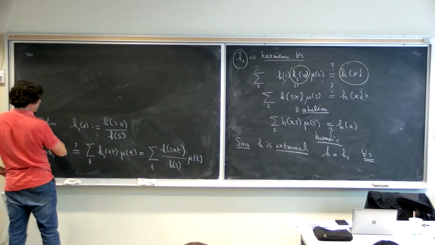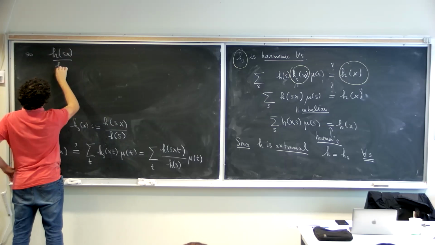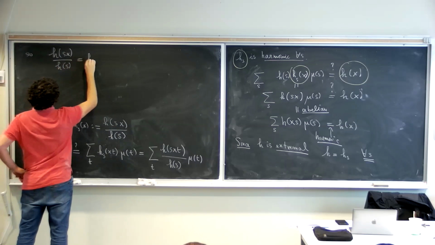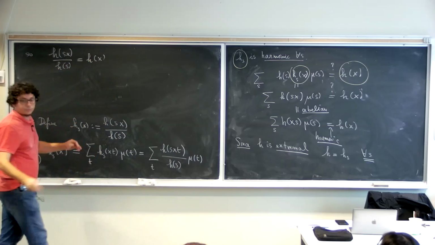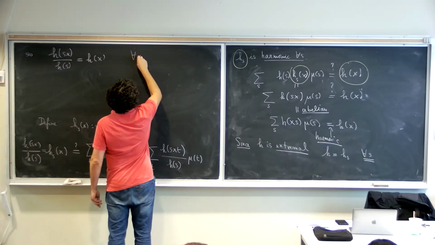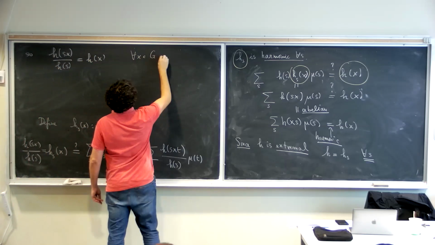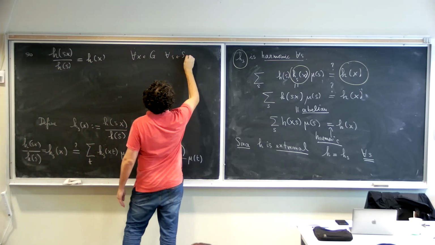So H of Sx over H of S has to be equal to H of x for every x in G and for every S in the generating set.